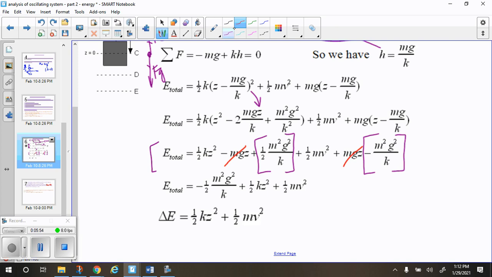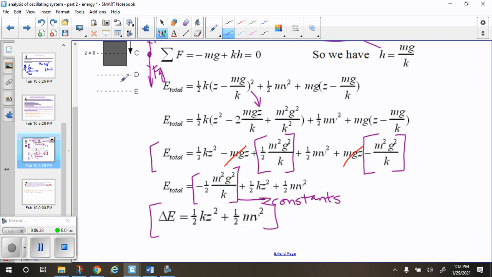Now this whole piece right here, these are all constants. And since we only care about changes in total energy, we are going to just ignore that because it's just a constant. So we get change in energy is equal to 1/2 kz squared plus 1/2 mv squared.